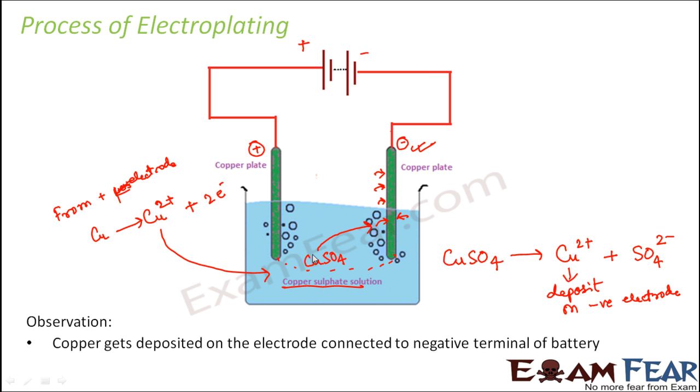So if you look at the overall process, the net result is that copper ions are being transferred from the positive electrode to the negative electrode through the solution. So that is what is happening. Net process, if you see, copper ions are being transferred from positive electrode to negative electrode.